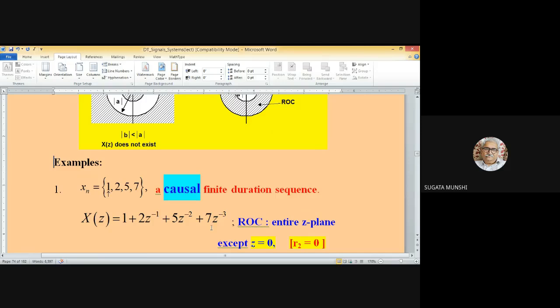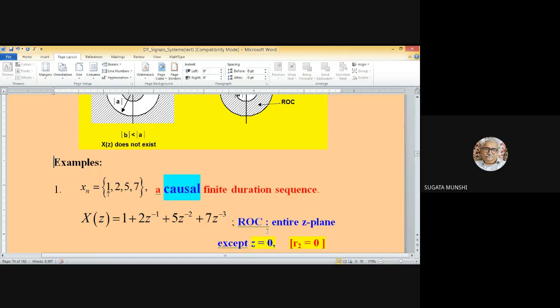So if you substitute Z equal to 0, all these terms become infinite. So the magnitude of X(z) will be infinite for Z equal to 0. So the region of convergence of X(z) will be the entire z plane except z equal to 0, because the magnitude of X(z) cannot be infinite in the ROC. So that point z equal to 0, the origin, has to be excluded from the ROC.